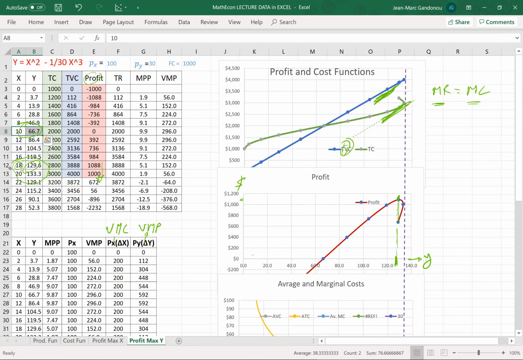And that slope equals the same slope as the total cost.